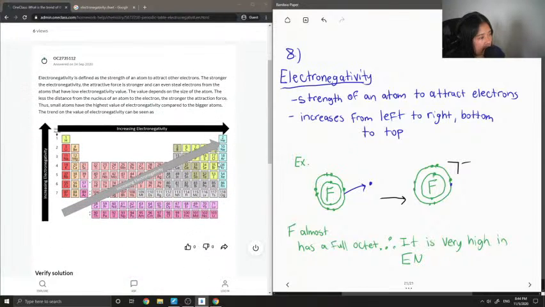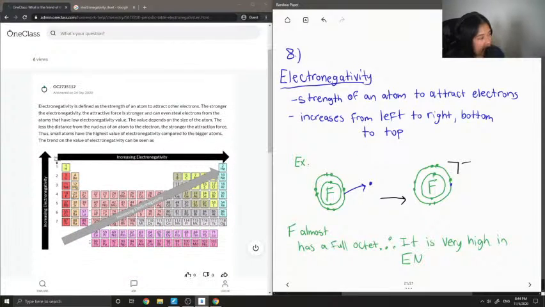Okay, so I just said fluorine almost has a full octet, therefore it is very high in electronegativity. And if you look to the left here, the junior tutor included the trends, and fluorine is right at the top here. So let's see what they wrote. Electronegativity is defined as the strength of an atom to attract other electrons. The stronger the electronegativity, the attractive force is stronger and can even steal electrons from the atoms that have low negativity values.